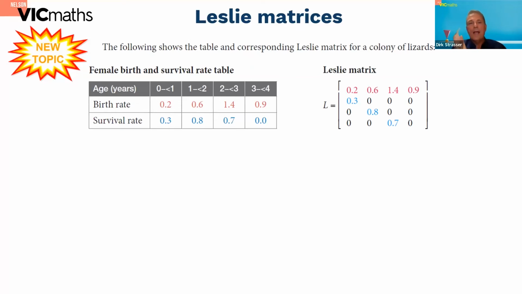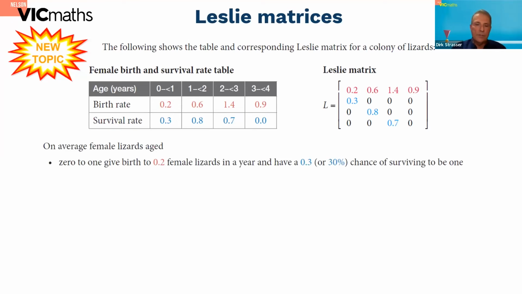As you can see, hopefully with the way the colours are used there, the first row of the Leslie matrix is just the birth rates, and the survival rates appear as the sub-diagonal in the Leslie matrix, which is why I mentioned the sub-diagonal definition earlier. But you'll notice that the 0 in the last one doesn't appear in the matrix, because it's irrelevant, because they don't survive beyond 4 years, assuming we know what their lifespan is. So that's how a Leslie matrix looks.